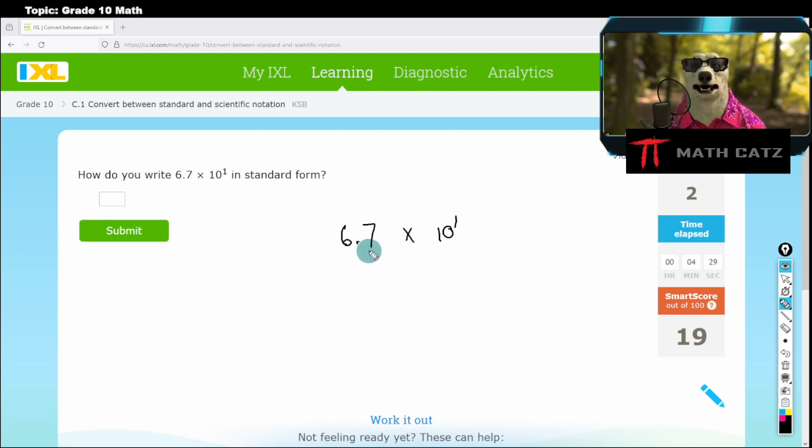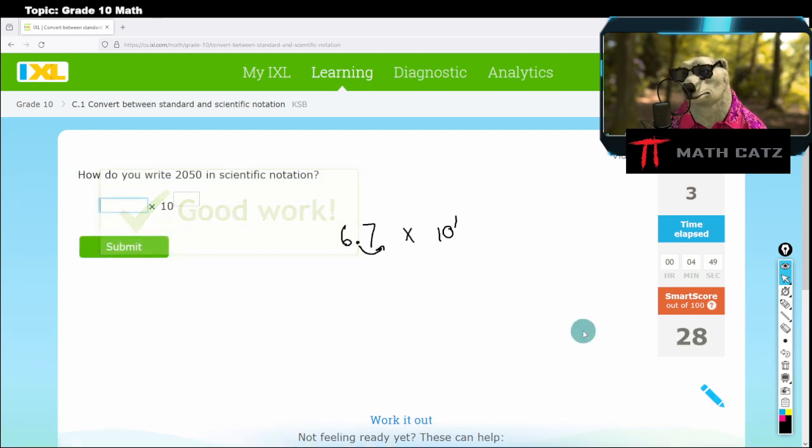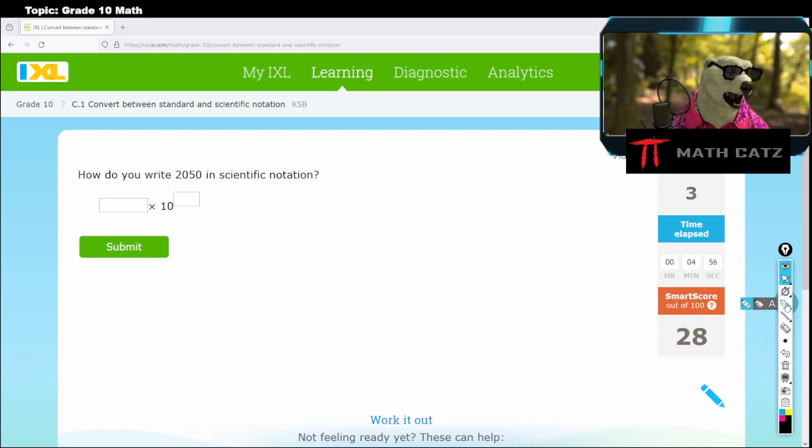So that tells me I have to move my decimal point 1 space to create the standard form original number, which will be 67. Hopefully we get one backwards. Well, another one like this, no problem. And we can make this our last example.